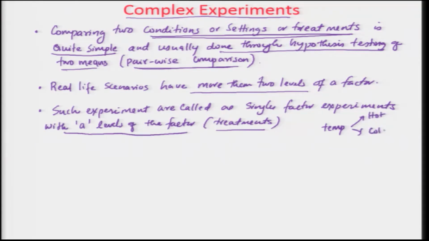But in real life, people talk about temperature varying from, let us say, 15 degrees Celsius, then 20, 24, 30, and 36 degrees Celsius. These are the A levels, multiple levels: 1, 2, 3, 4, 5.